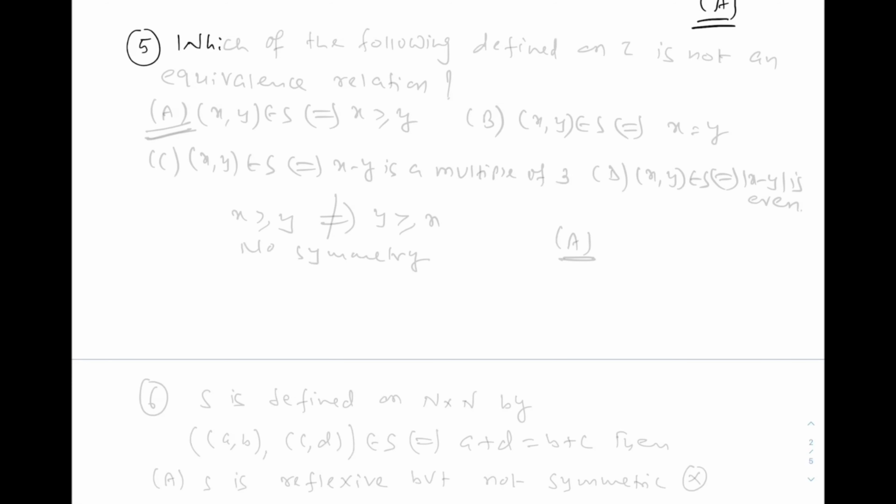Next, which of the following relations defined on Z is not an equivalence relation?